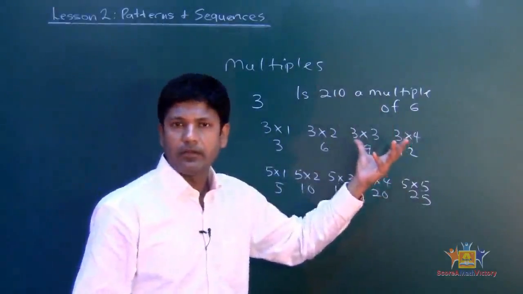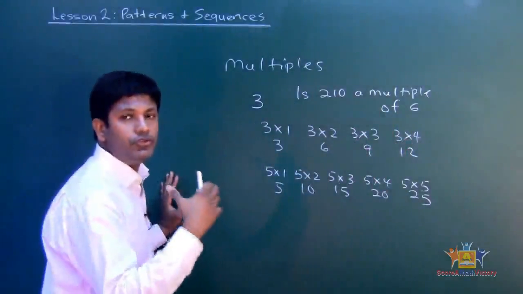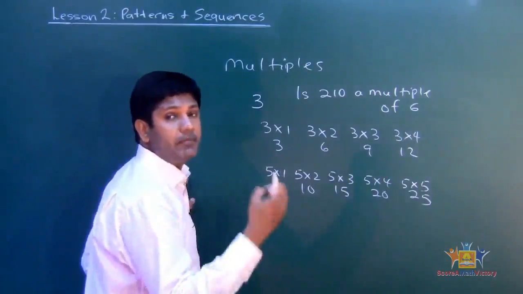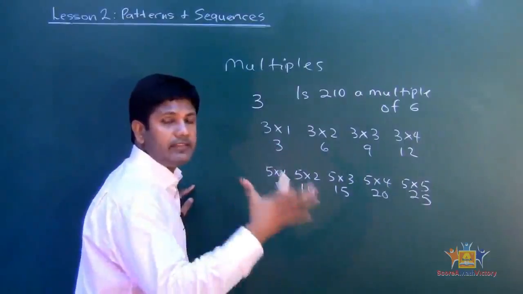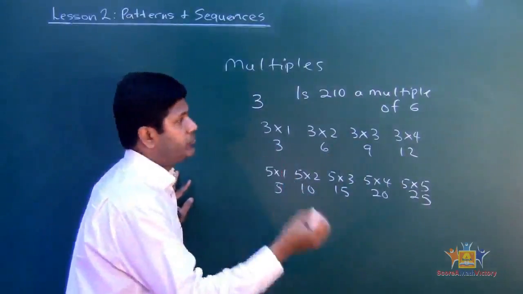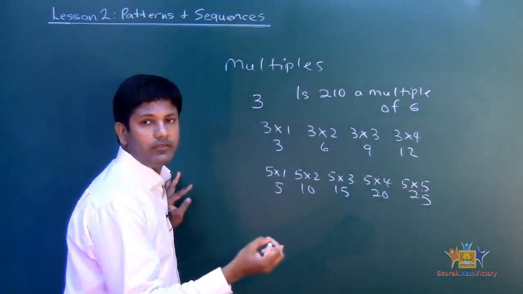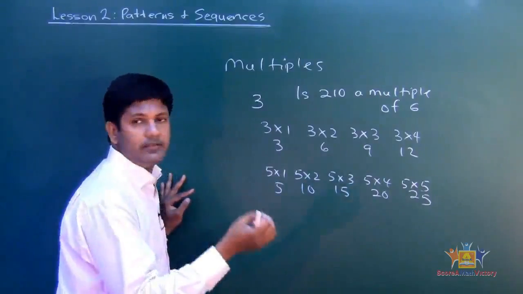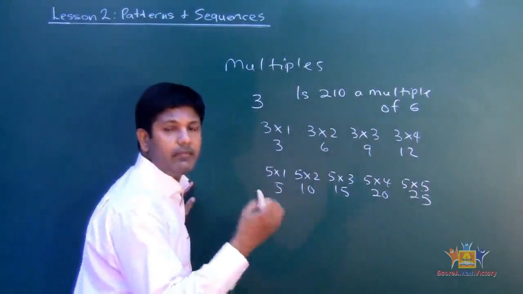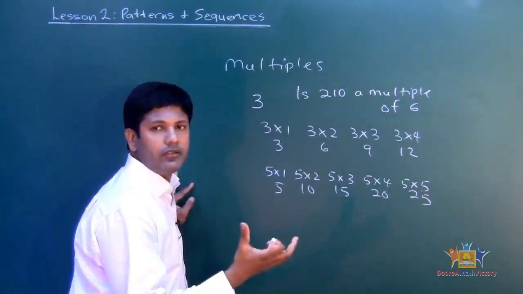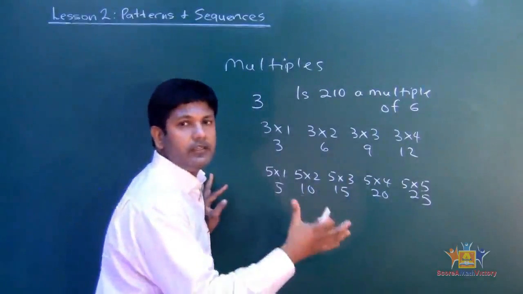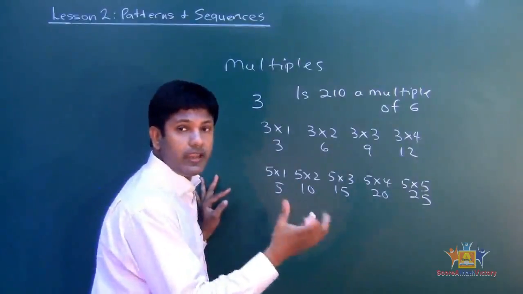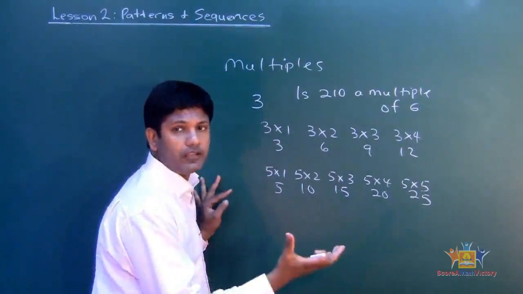How do I find that out? I take 210, divide that by 6. If that is divisible, that means 210 is a multiple of 6.